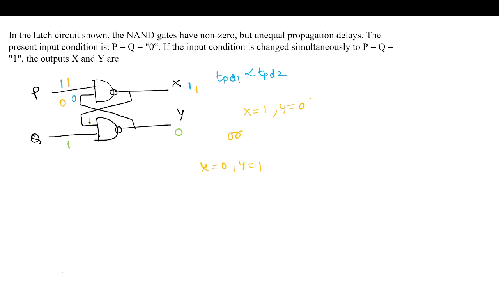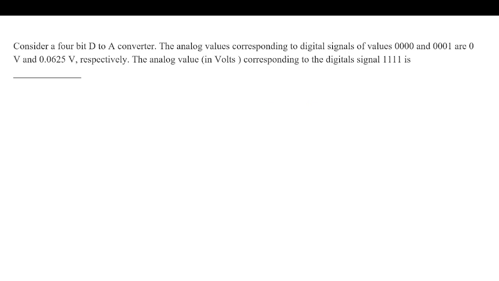Okay. The next question. Consider the 4-bit D to A converter, digital to analog converter. The analog voltage value corresponds to the digital signal, and from this we get the step size. The step size is 0.0625 and the digital input is equivalent to 15. So what is the analog voltage?